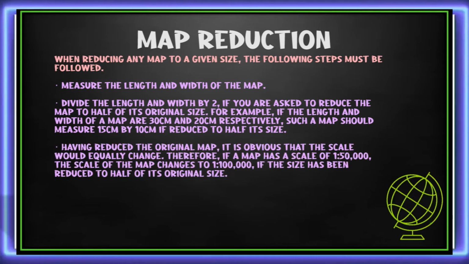Having reduced the original map, it is obvious that the scale would equally change. Therefore, if a map has a scale of 1 to 50,000, the scale of the map changes to 1 to 100,000 if the size has been reduced to half of its original size.